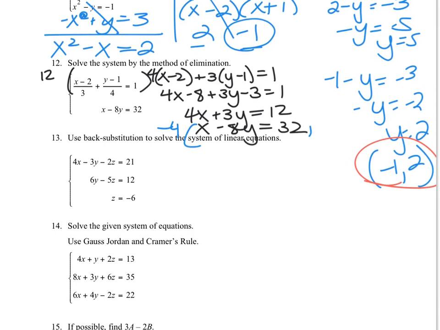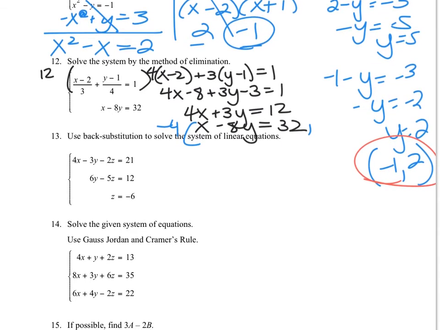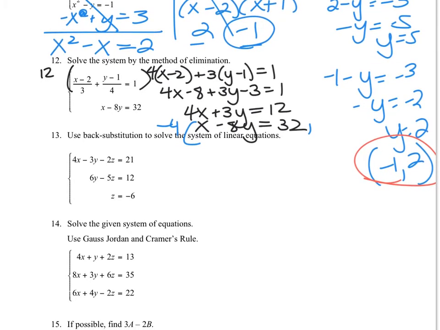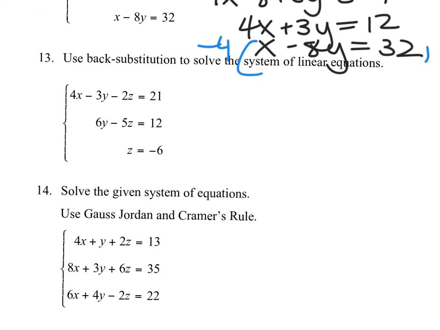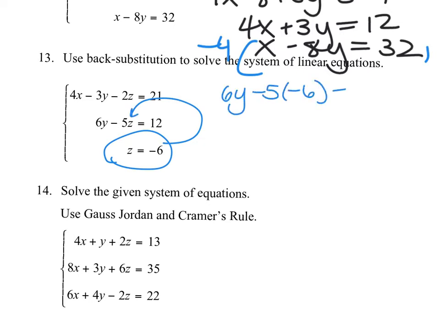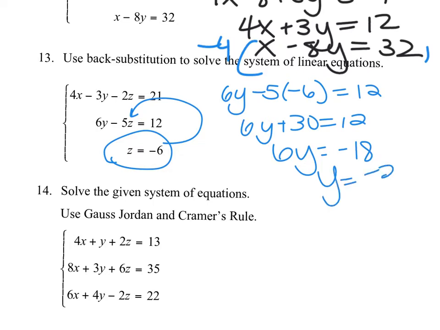13's your, do I need to finish that one, or you guys okay on systems? You okay? All right, 13's your triangle system where you start bottom up. This is your back substitution. So I'm taking the z, I'm plugging it back in here. 6y minus 5 times negative 6 equals 12. 6y plus 30 equals 12. 6y would equal negative 18, and y would equal negative 3.